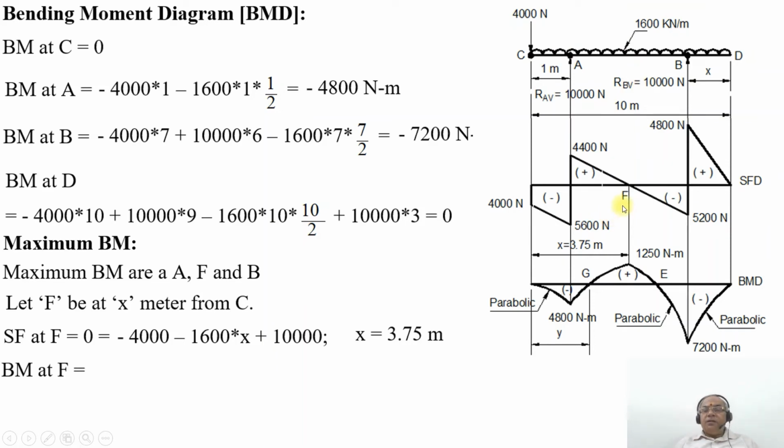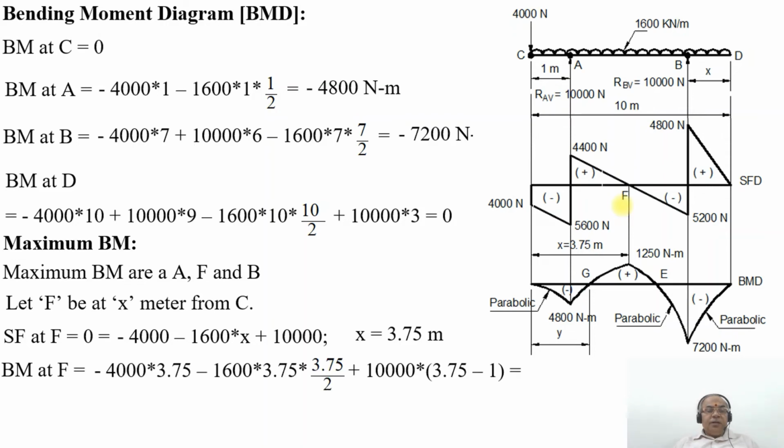Therefore, BM at F will be equal to minus 4,000 into x minus 1,600 into x by 2 plus 10,000 into x minus 1. The value of x that we have is 3.75 meters. Therefore, substitute the value of x as 3.75 meters in the equation.